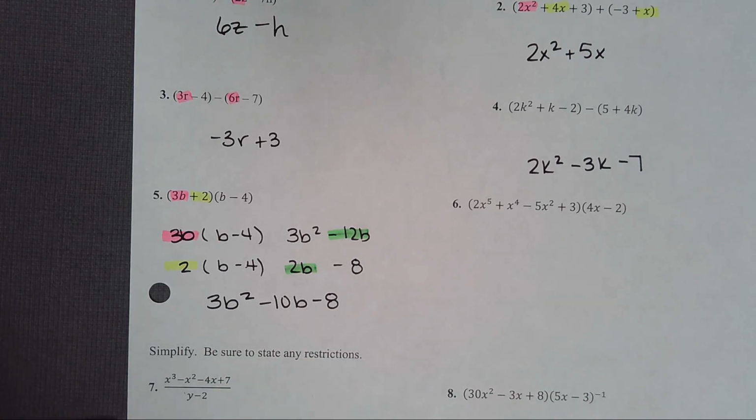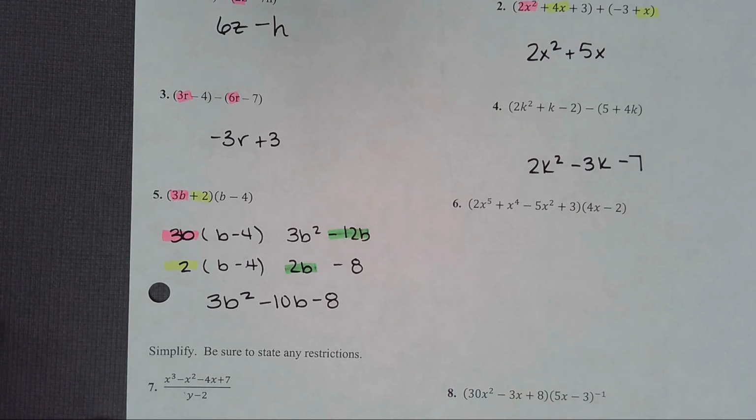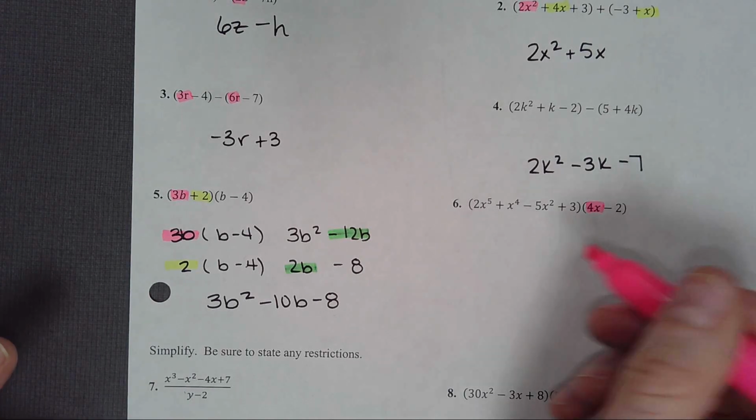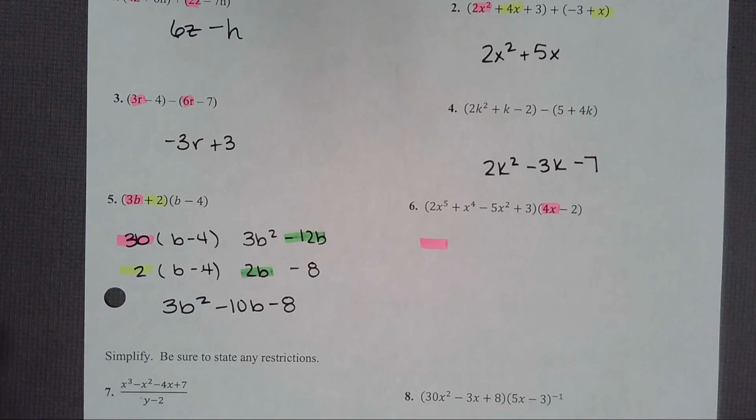The next one, you can distribute with the first one times the second, or you can take the second times the first. It doesn't matter. I'm going to use the second one times the first because it's less distribution parts.